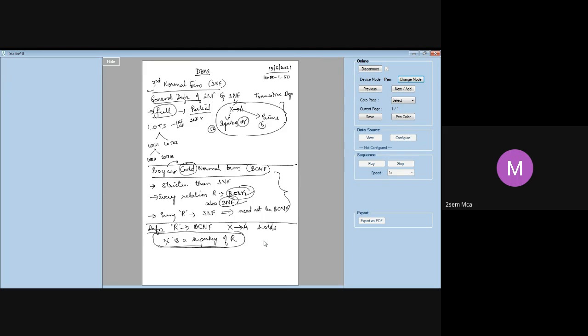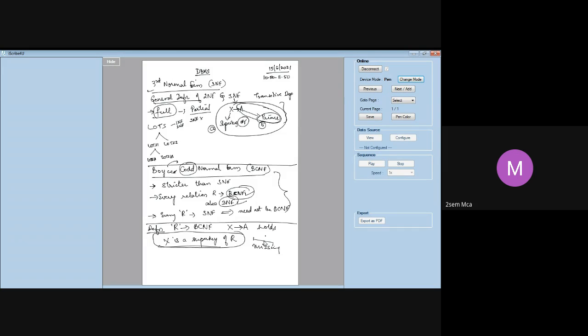The second was that A should be a prime attribute. This condition, A should be a prime attribute, is missing in BCNF. In BCNF we only have one condition, that X should be a super key of R. That is another difference between BCNF and 3NF.